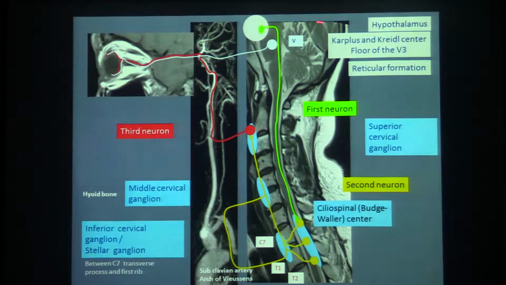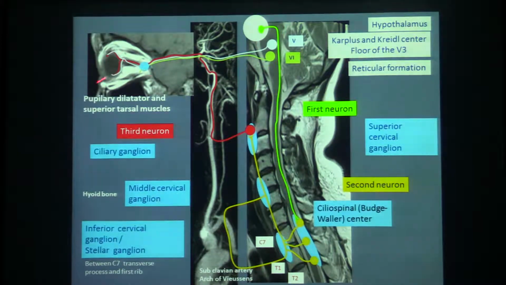It is with the 5th and the 6th cranial nerves. It goes through the ciliary ganglion, and at the end ensures the innervation of the pupillary dilatator and the superior tarsal muscle. So you see that when you have a Horner syndrome, you have to see the brain, the cervical spine, the neck, and the orbit. So it's a complicated pathway.